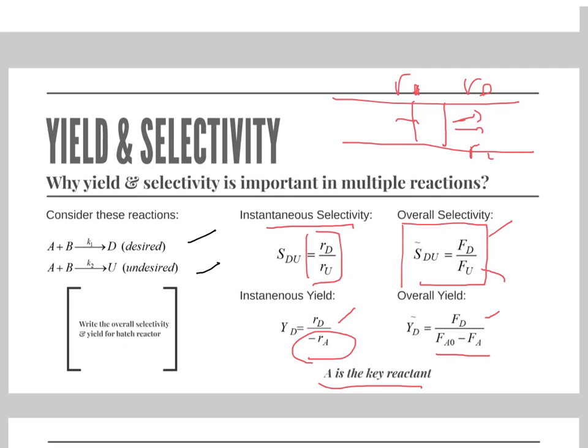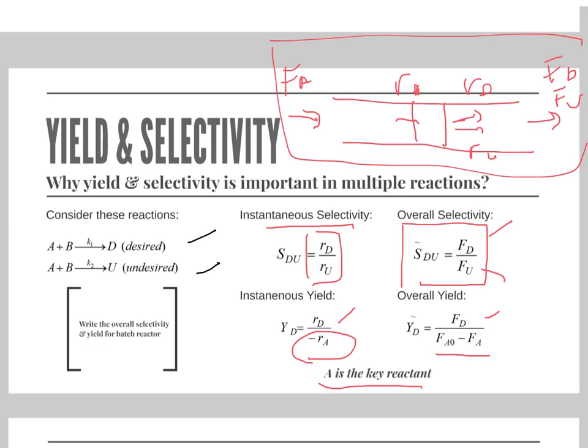This is also RU. But if we start at the entrance of the reactor and the exit of the reactor, there will be FA here, there will be FD and FU here. So this is where we can measure the overall selectivity and overall yield.